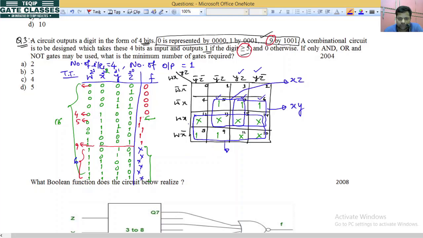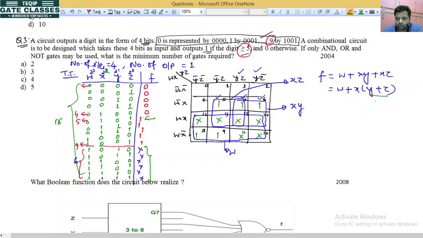Now for the octet we have only w common. What will be the function? The function will be w plus xy plus xz, or you can write it as w plus x(y plus z). When you implement this function, it takes 2 OR gates and 1 AND gate.